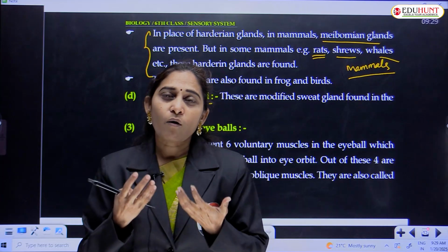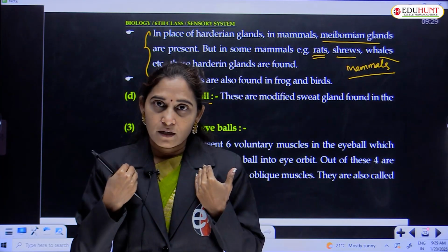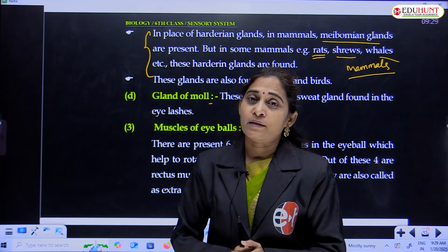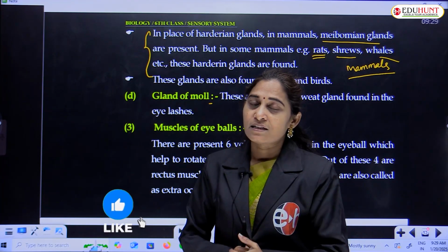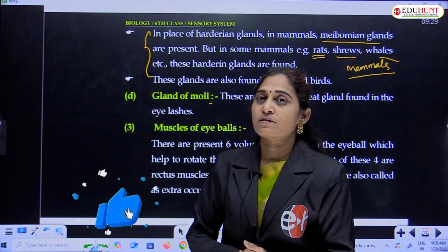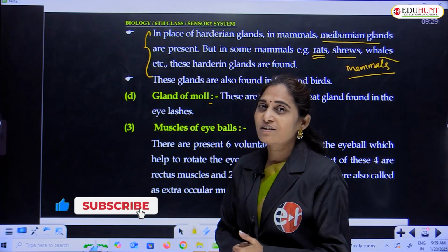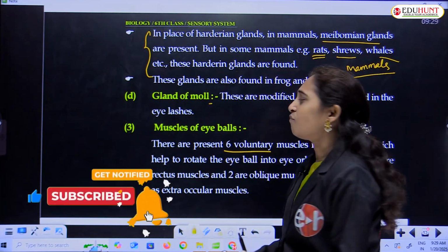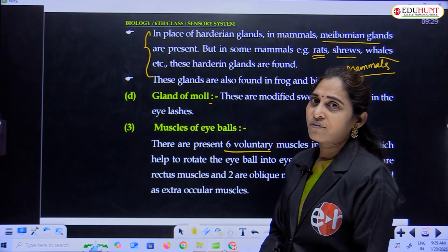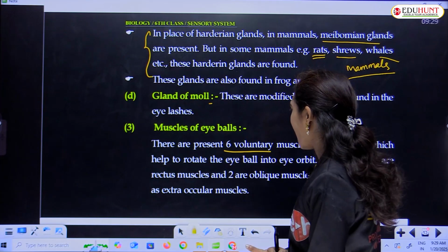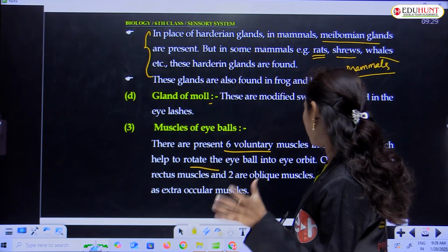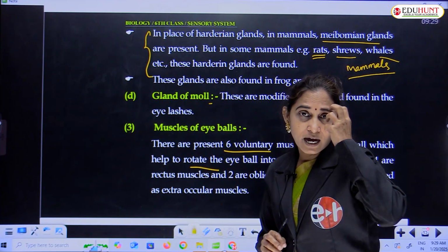How am I able to move my eyeballs? Because of important muscles. There are 6 voluntary muscles that facilitate free rotation of the eyeball in the eye orbit.